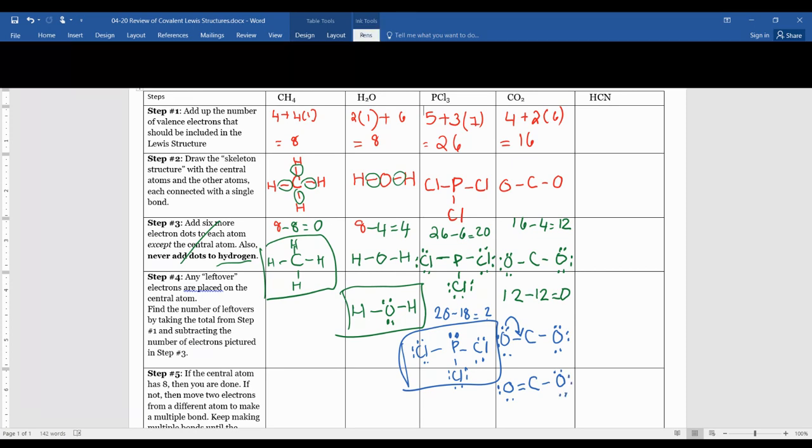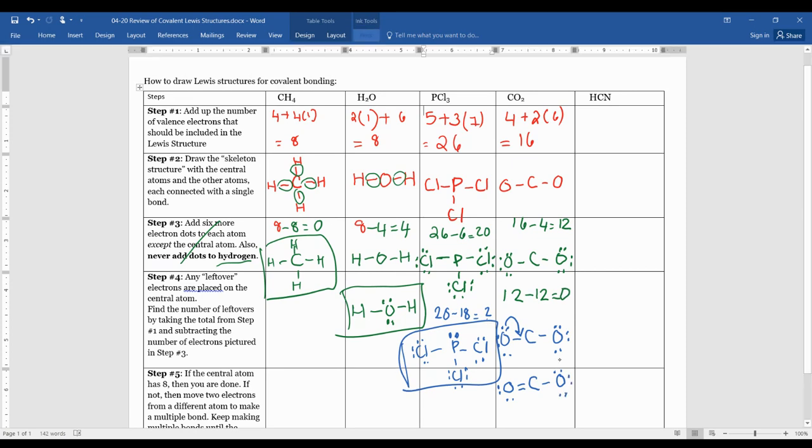But I'm still not done. I gotta move another pair. I'm going to move this pair. Now I'm done.